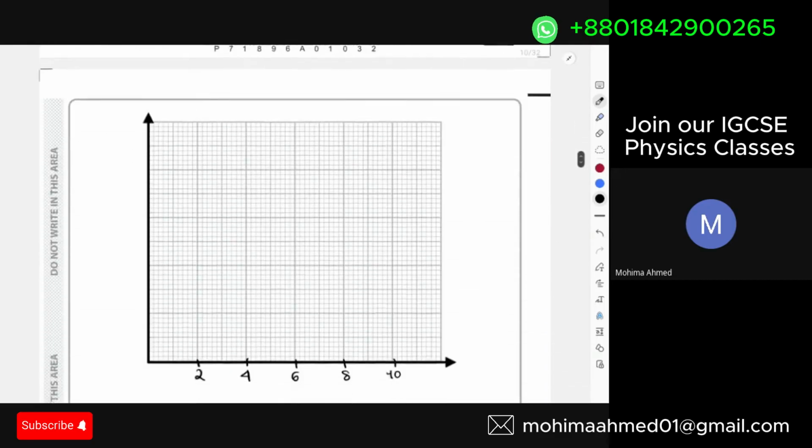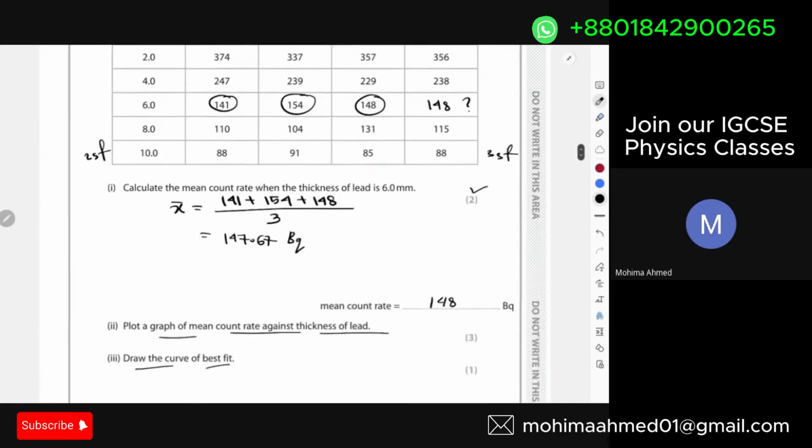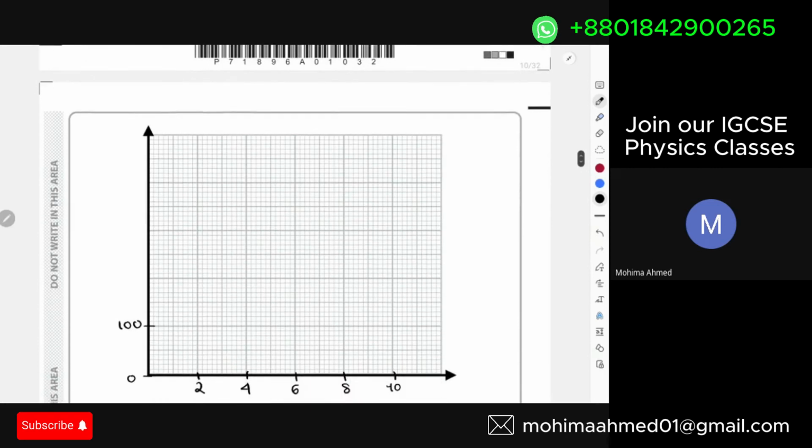One thing to understand: what is the maximum value that they gave you? 484. That means I have to fit up to 500 on my y-axis. This is 100, 200, 300, 400, and 500 would also fit there, right?